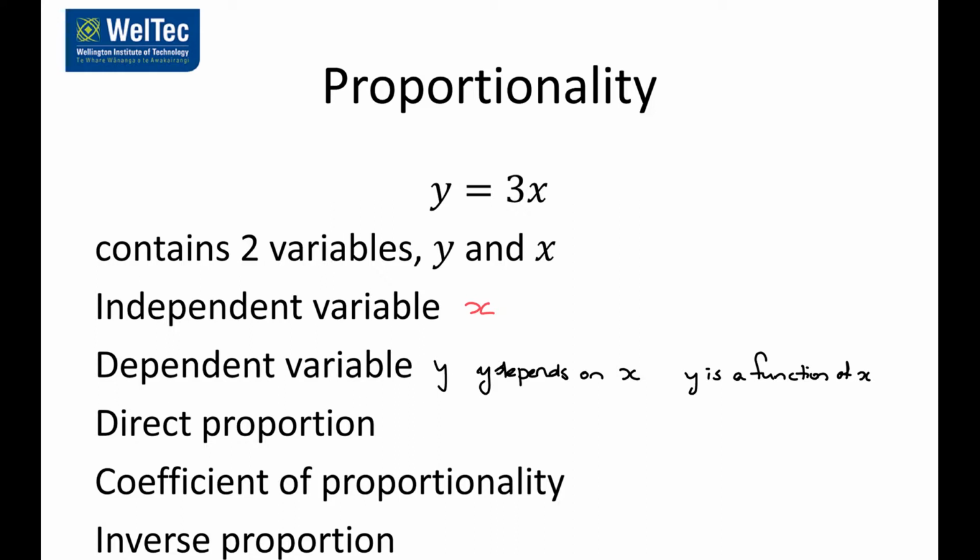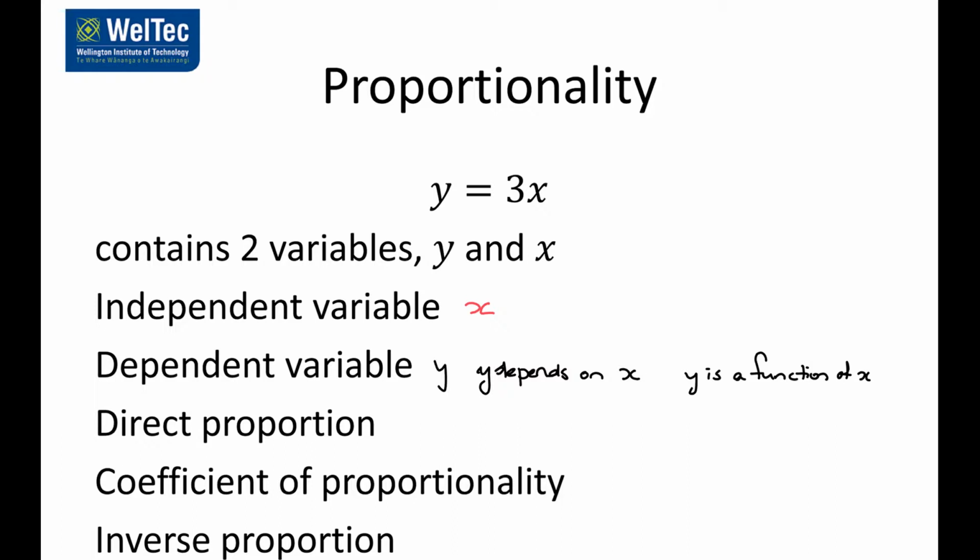In this case, if an increase or a decrease in x leads to an increase or a decrease of the same proportion in y, then we talk about this as being directly proportional. So if y equals 3x, then y is directly proportional to x.